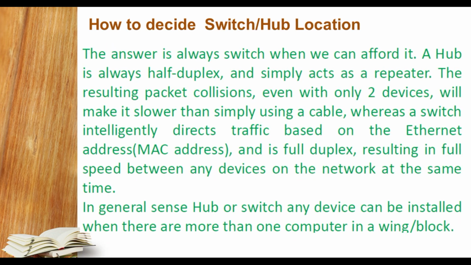How to decide switch and hub location? As you know, what is the role of the switch and hub network device in a network? The answer is always a switch when we can afford it. A hub is always half duplex and simply acts as a repeater.